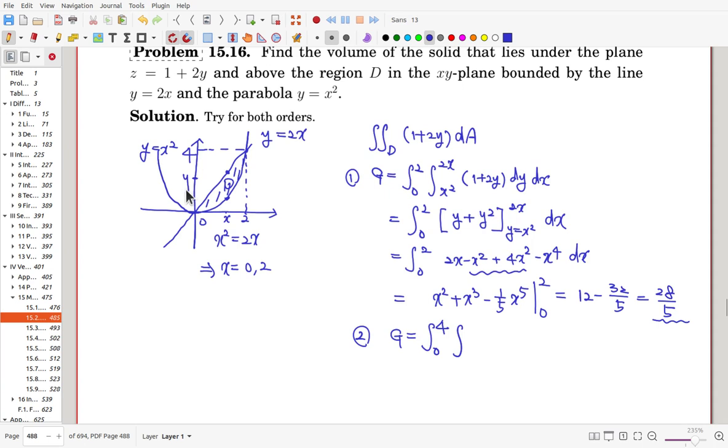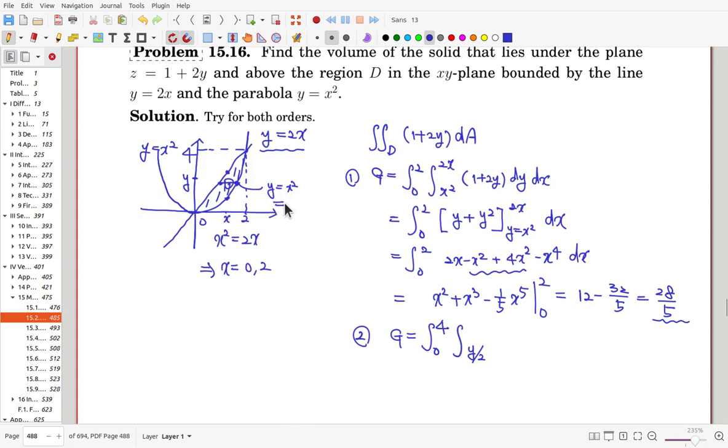For each y, bottom x is this one, top x is that one, right? From the equation, bottom x is y over 2. Top x, this position is y equal x squared.